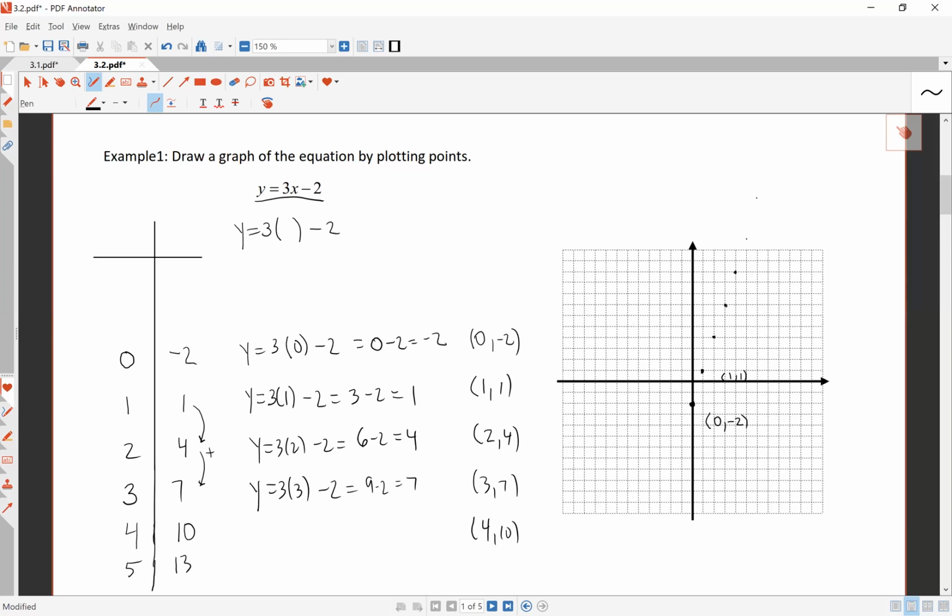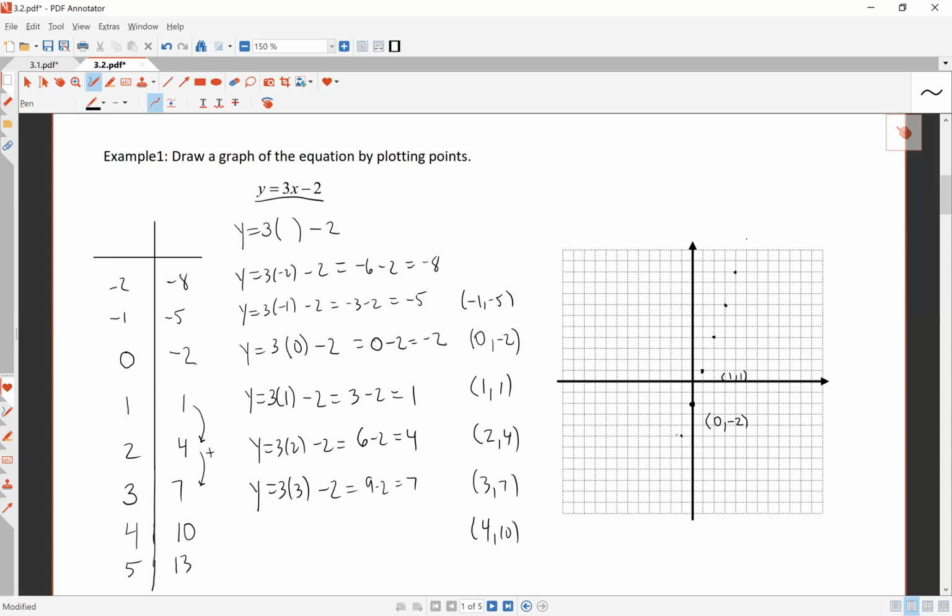And so now I want some points on the other side of the y-axis, namely negative 1. Plugging in negative 1 for x is negative 3 minus 2, which is negative 5. That point is (-1, -5). And plugging in negative 2 gives us 3 times negative 2 minus 2, which is negative 6 minus 2, which is negative 8.